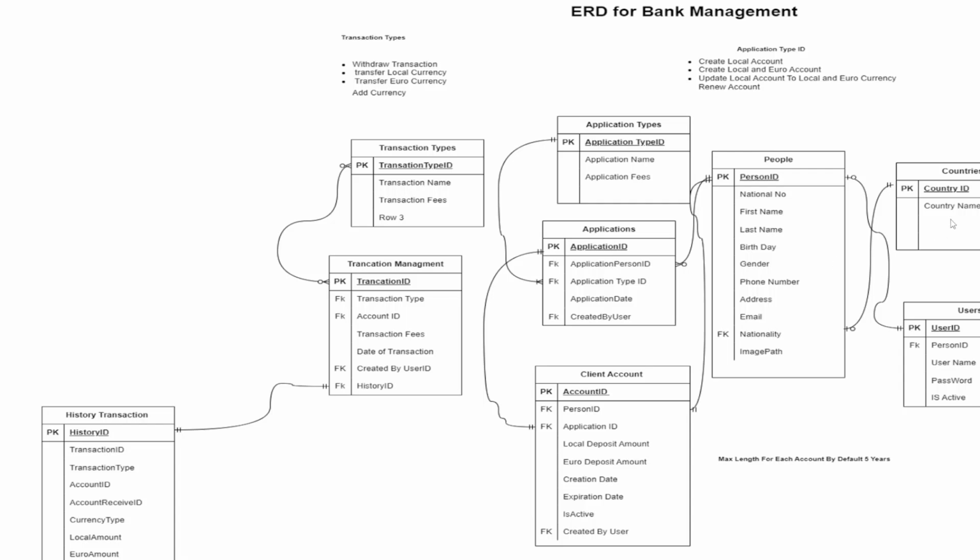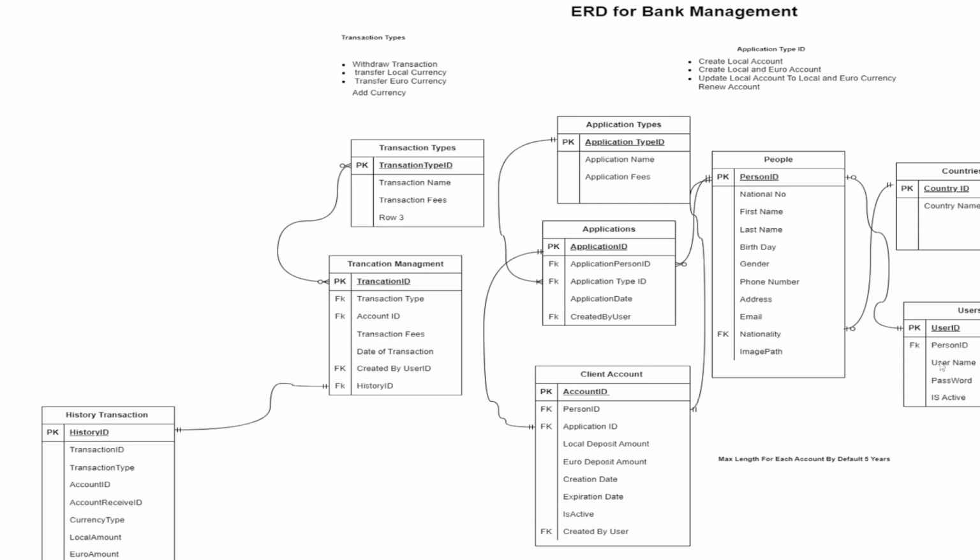Each country has an ID, and the ID has a country name. So when we save a person, we must select the ID of the country we are from. And the people table divides into the user table and the client table.